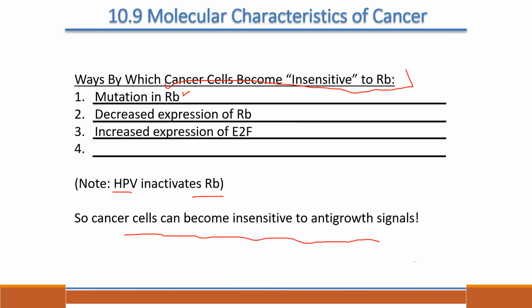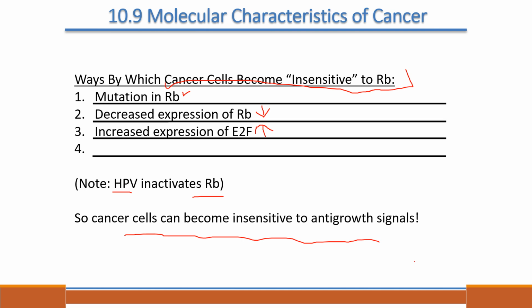Another thing that could happen is the opposite: there is a lot of the transcription factor E2F, so now you have so many that the RB is not able to regulate it. So you break this balance, either by decreasing RB or by having a lot of the transcription factor E2F.